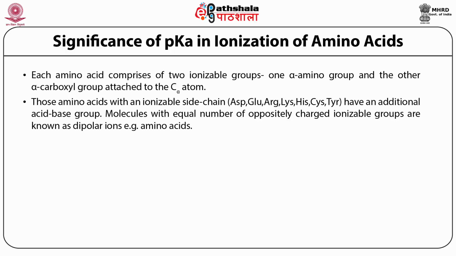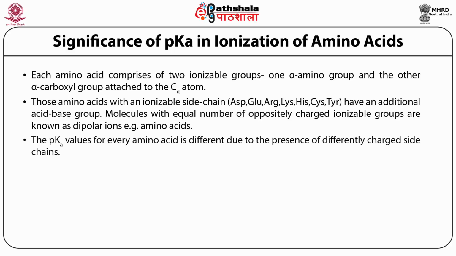So an amino acid which has an ionizable side chain is going to have more influence in terms of the effect of pH on ionization of the amino acid, and the effect of pH when we are studying catalysis. The pK value for every amino acid is different due to the presence of differentially charged side chains.